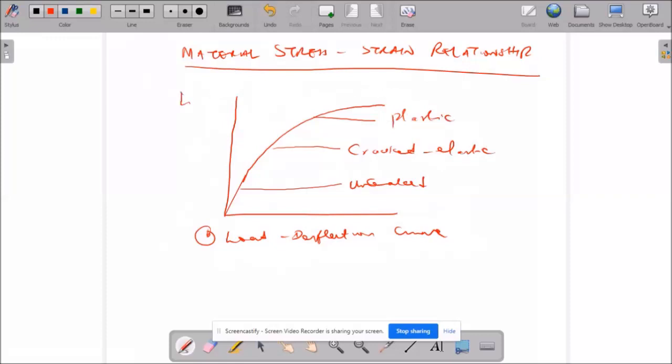Then this is the load. Here we have deflection. That's why we term it load deflection curve. We have plastic, cracked or elastic state, then we have uncracked state.